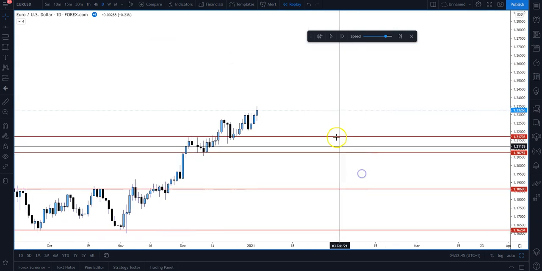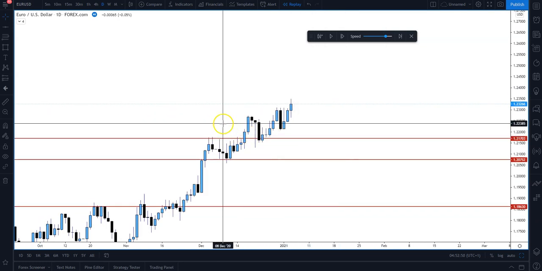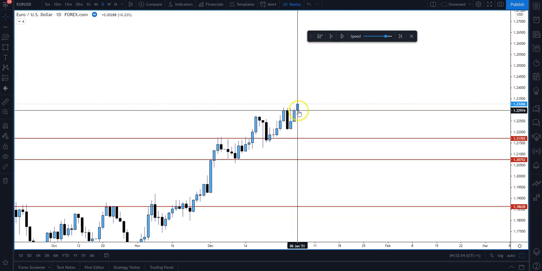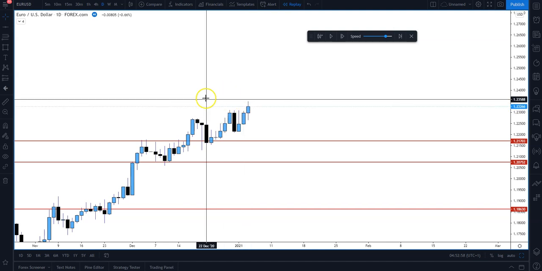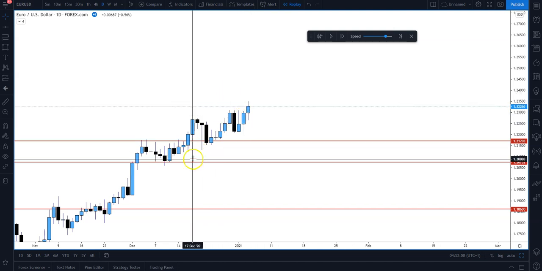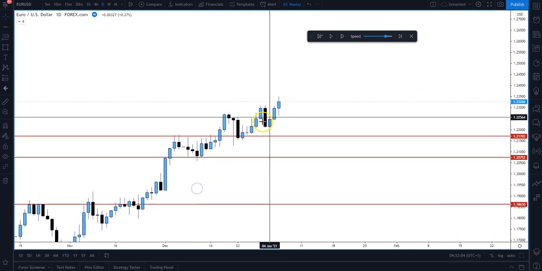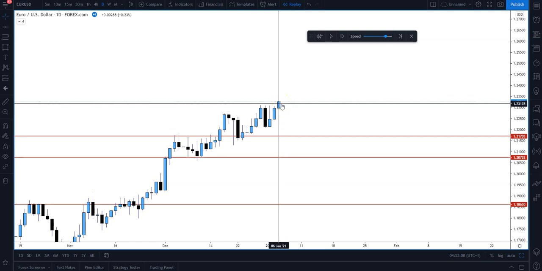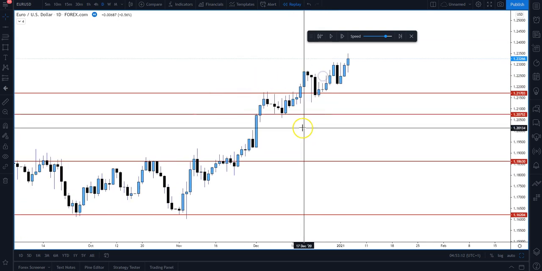So based on what we know from the other videos, whenever we see something like this, a doji form, there's most likely confusion that's going to take place in the market. And once the doji forms, there's a possibility of a retracement going on.